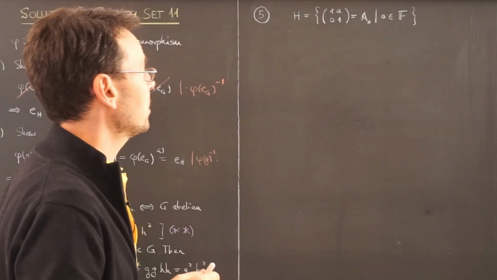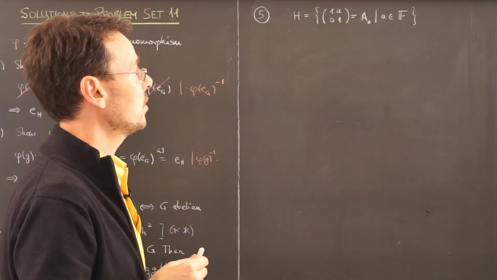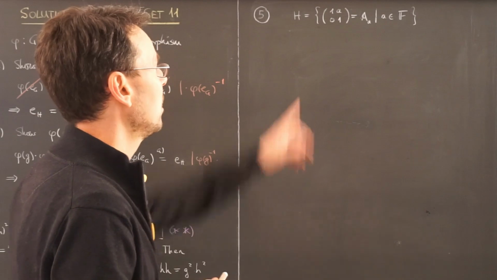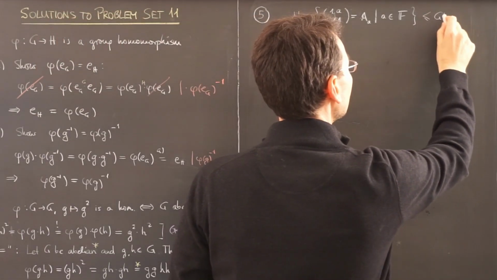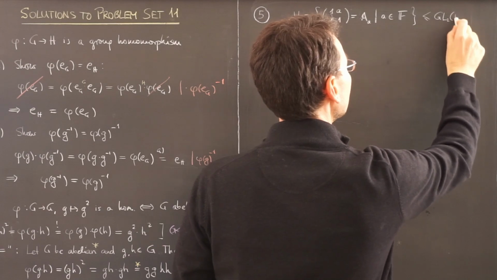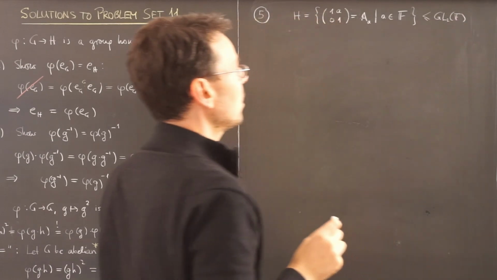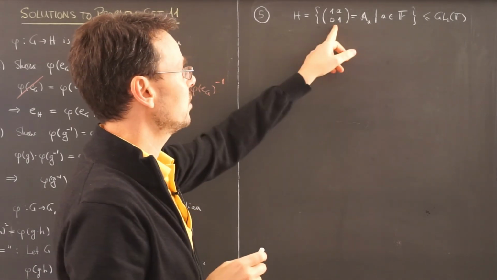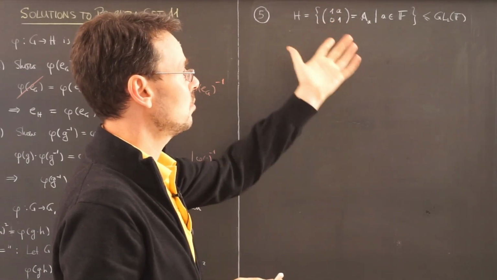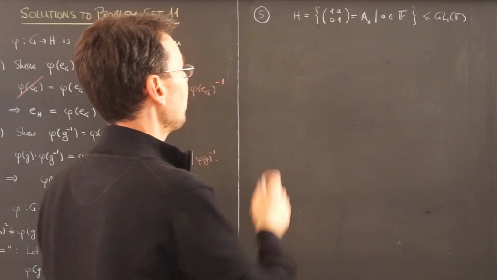Okay, next exercise where you need a little bit of knowledge about matrices. So first of all, why is this a subgroup of GL2(F)? Well, first of all these matrices clearly lie in GL2(F) because their determinant is 1, so they are invertible.